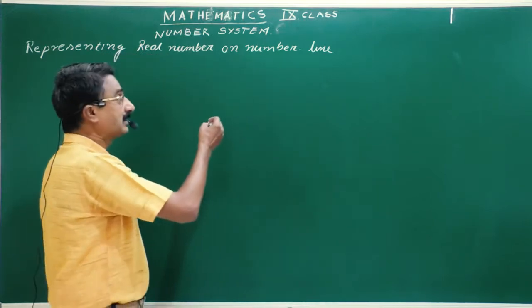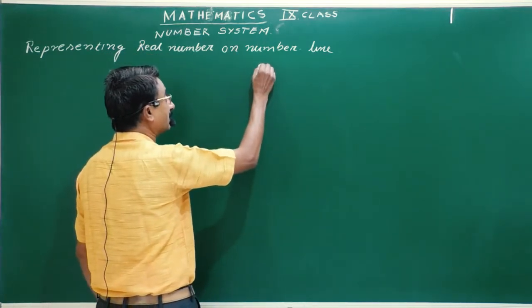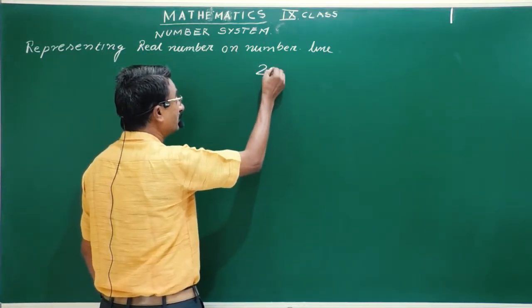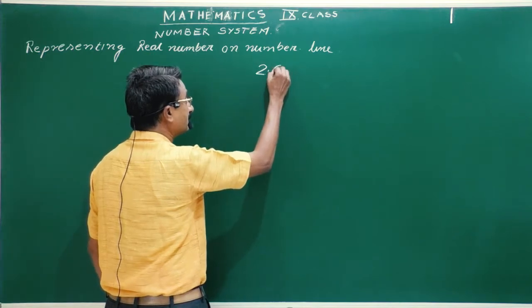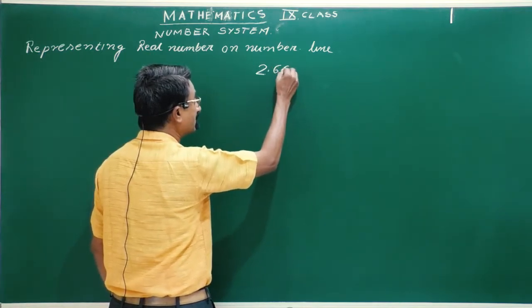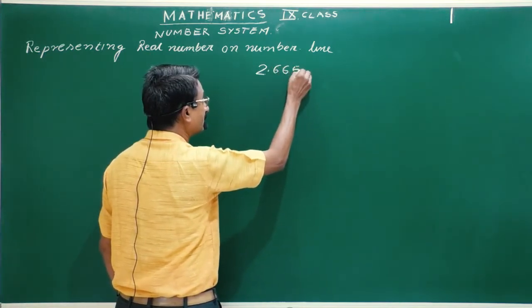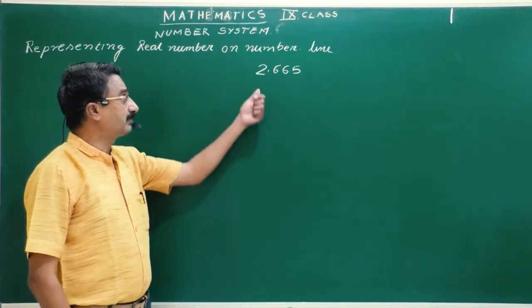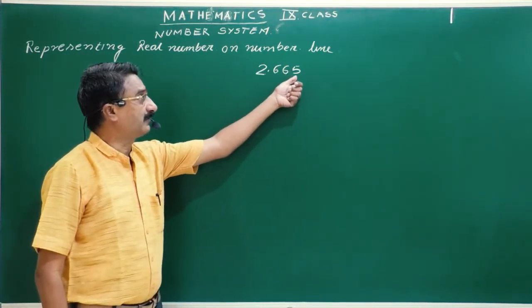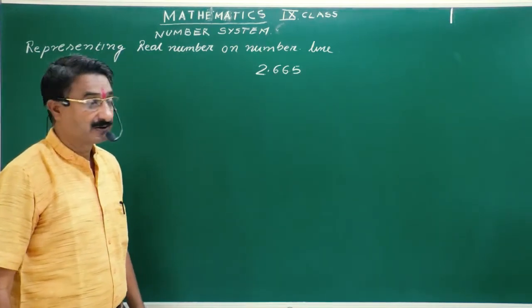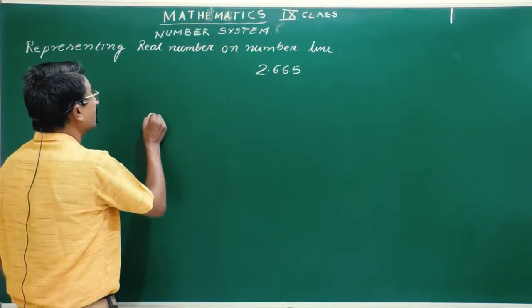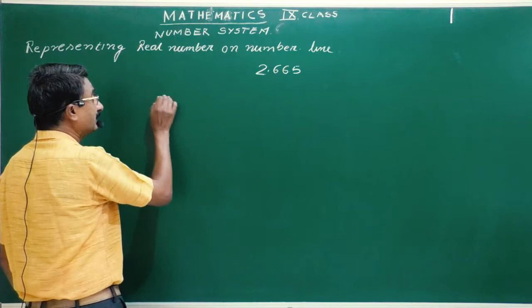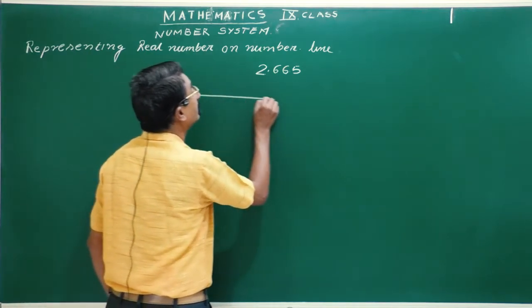I will take one example, 2.665. I have to represent 2.665 on the number scale. We have to draw a scale.